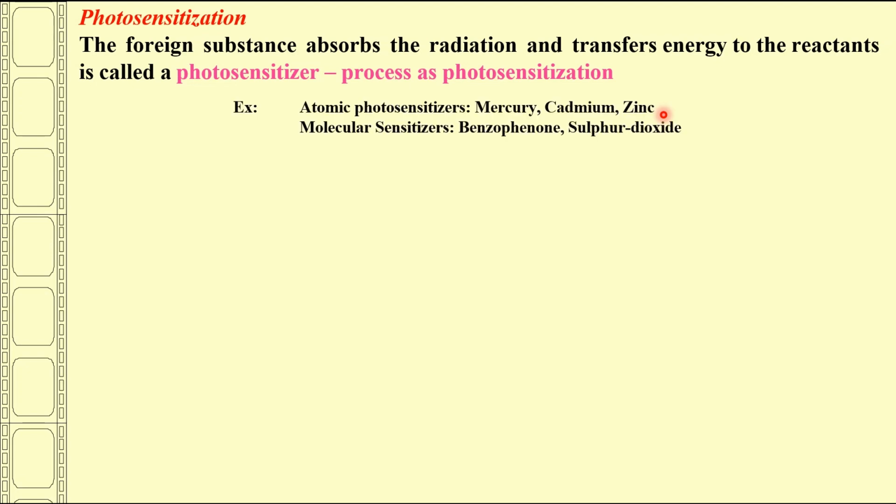There are two varieties of photosensitizers used. The first variety is the atomic photosensitizers. Metals like mercury, cadmium, zinc, etc. can act as atomic photosensitizers. There are molecular photosensitizers like benzophenone and sulfur dioxide.